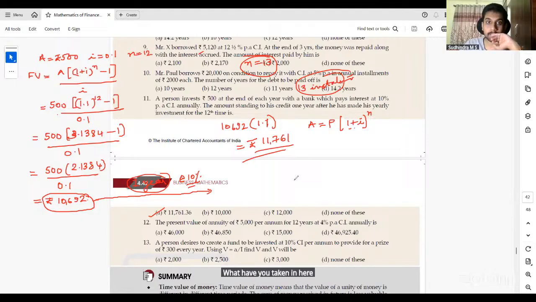After calculating the future value, n is 1 year, so 1.1 to the power 1.